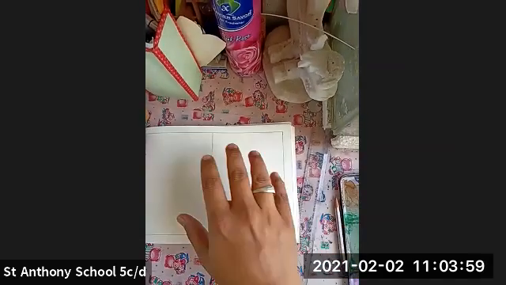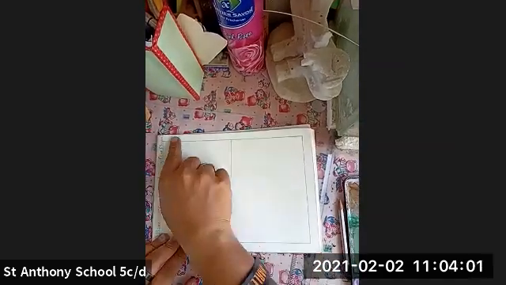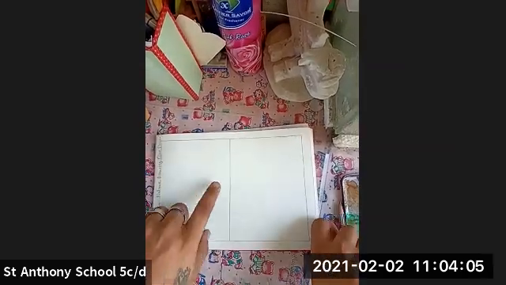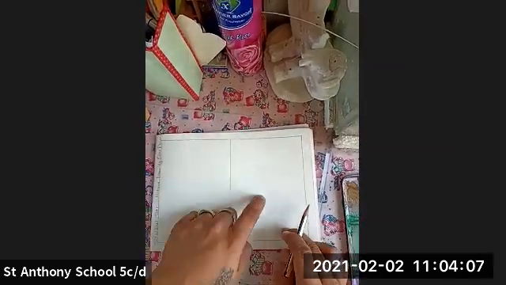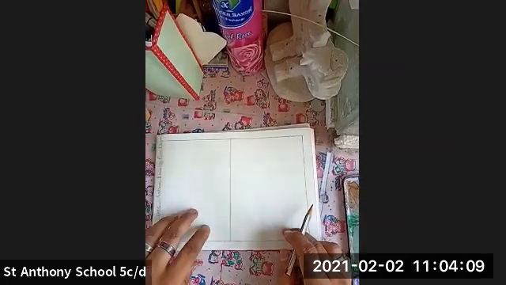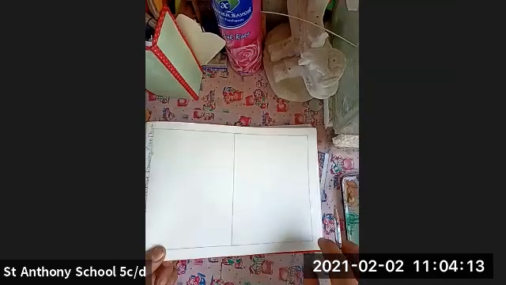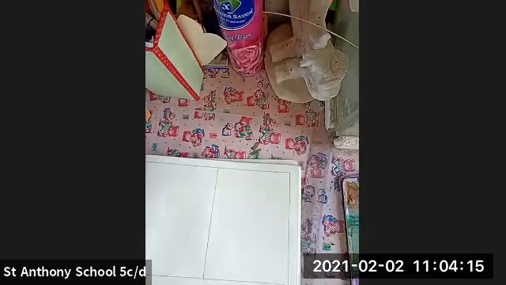You can mention the topics over here in this part. Here I have divided the page into two equal parts. Here I'm going to draw the pencil shading one, and in this part I'm going to do the coloring one. So let's begin with this.